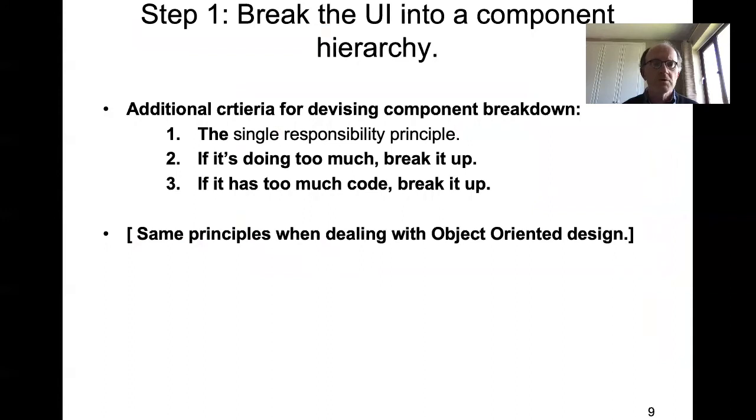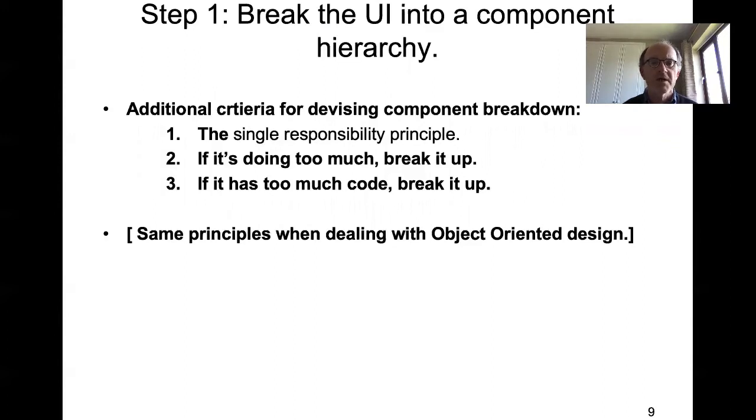Once you've done that, you may still decide that some of the components in your hierarchy need to be further broken down, and that's fine. Maybe when you start to code a component, you'll find that there's just too much going on. It has physically got too much code associated with it, and you may decide to break that component up into some subcomponents. That's fine.